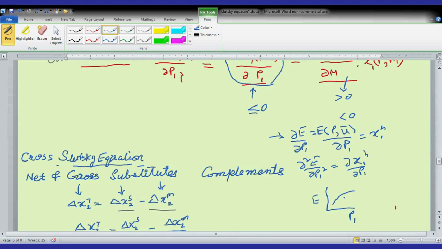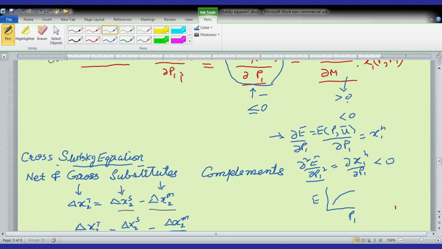And given that this derivative is strictly less than zero for a strictly quasi-concave utility function, this means that this term is negative.